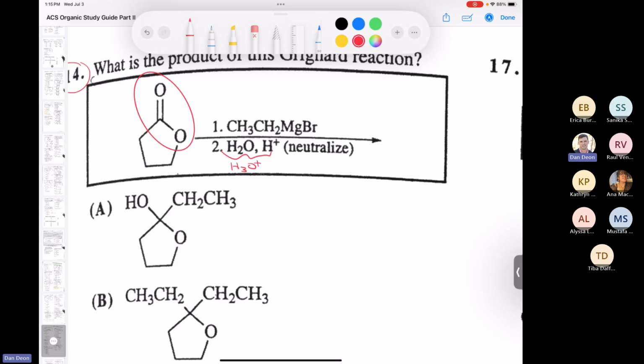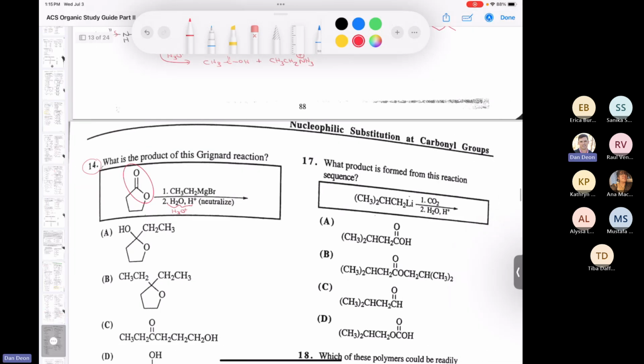You've got a carbonyl, then you've got an oxygen that is sp2 hybridized directly attached to it. Does anybody have an idea what functional group that is? If I have this functional group, if I have R, what would this be?